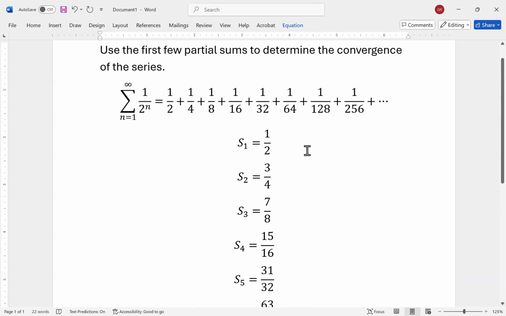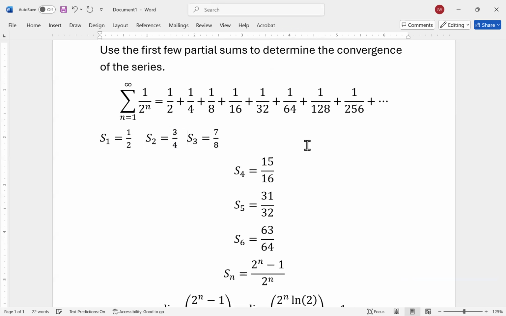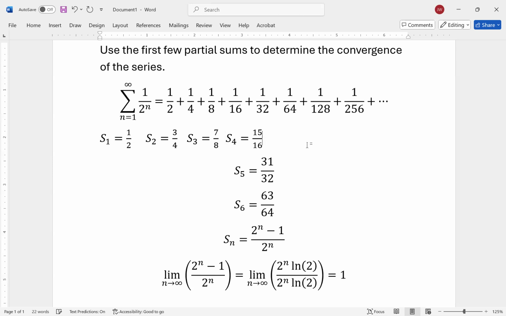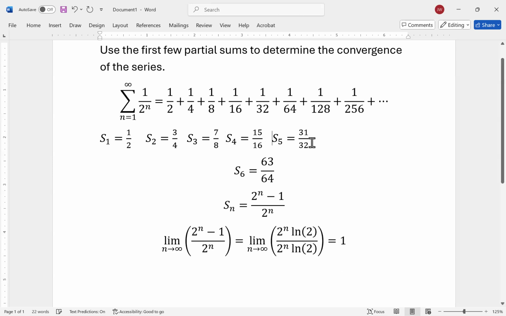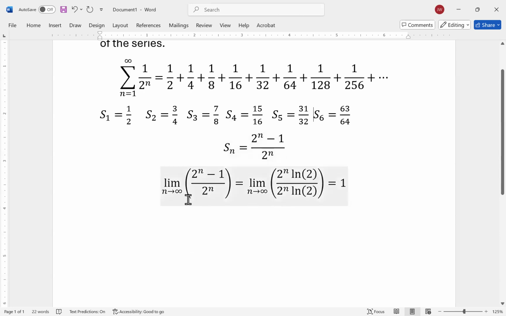So obviously, I wrote this in long form, but there's a lot of different ways you can write this, a lot of different ways you can keep track of what's going on. We have this pattern, S sub n is equal to 2 to the n minus 1 over 2 to the n. The limit of that is 1.